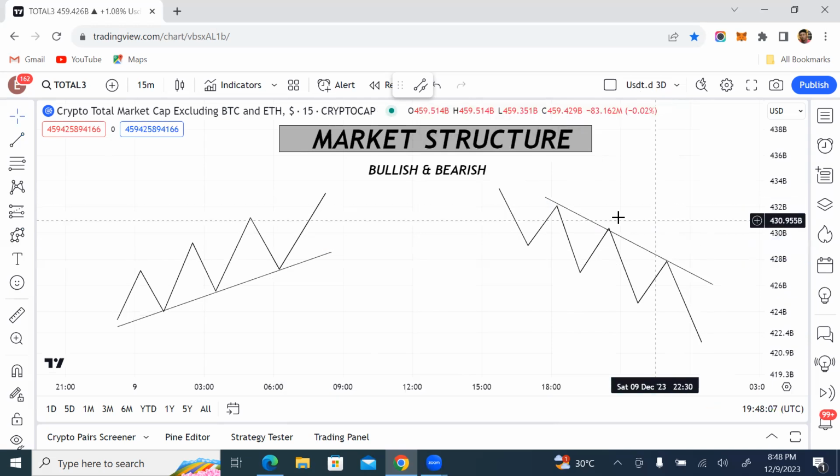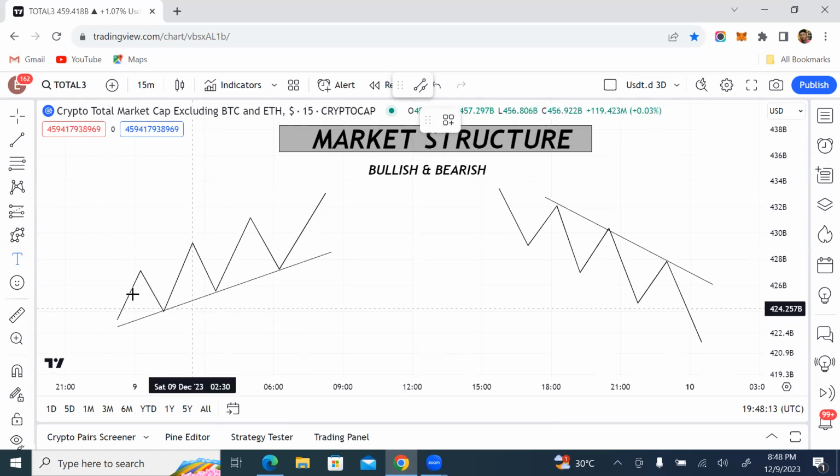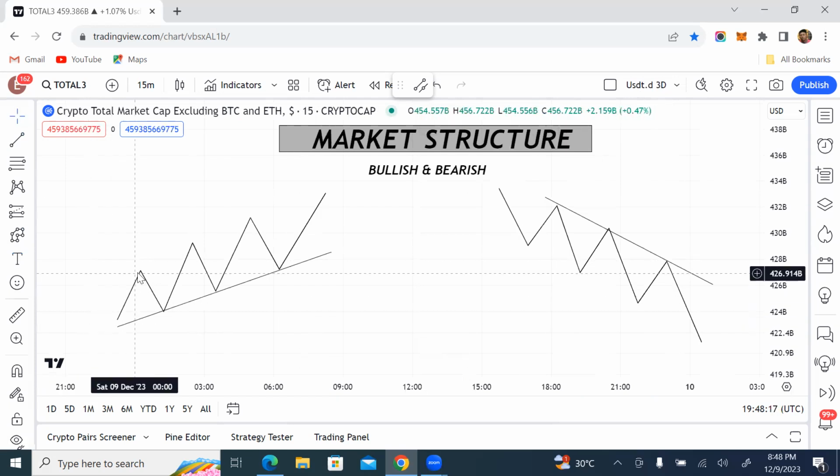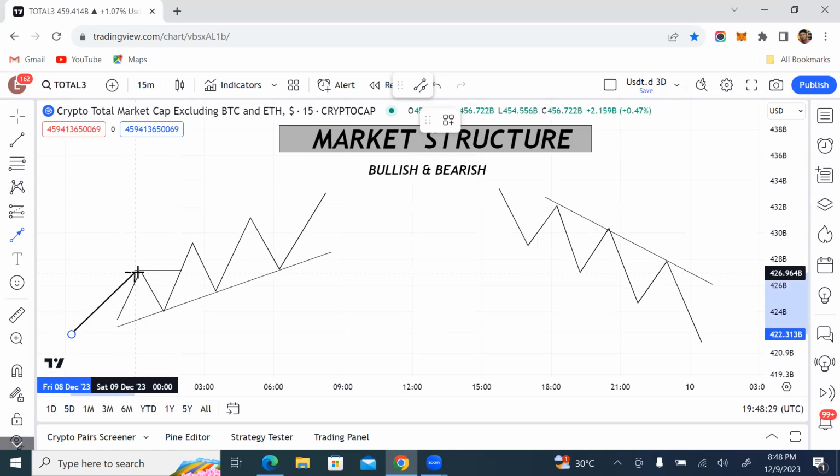Now, I know the next question you want to ask me is, what is a higher high? Now, when the price of any asset moves up and breaks a structure like this, let's say this structure has been broken, you can see the way price is moving from here, going up, coming down, retracing, going up again.